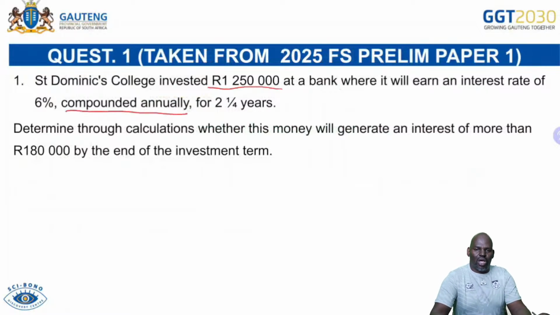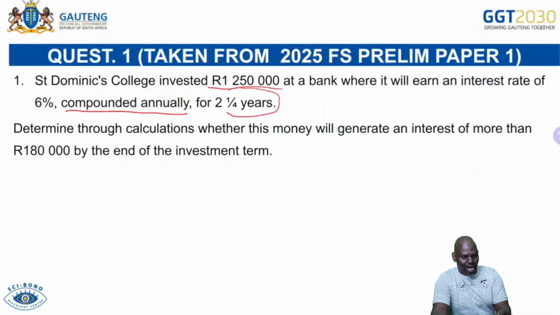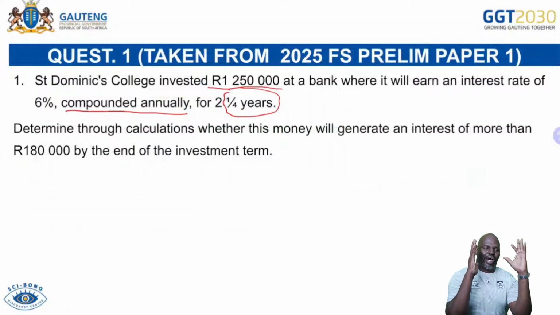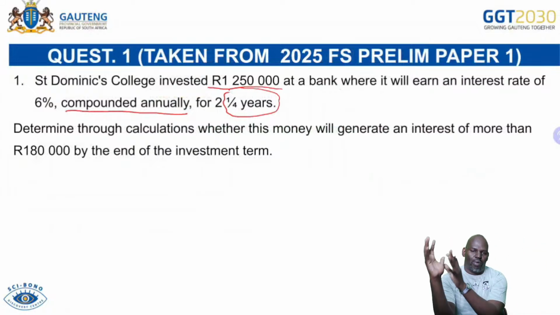So compounded annually means we're going to use compound interest. This is compound interest for 2.25 of a year. Determine through calculations whether this money will generate an interest of more than 180,000 by the end of the investment term. So remember, there is a difference between simple interest and compound interest.